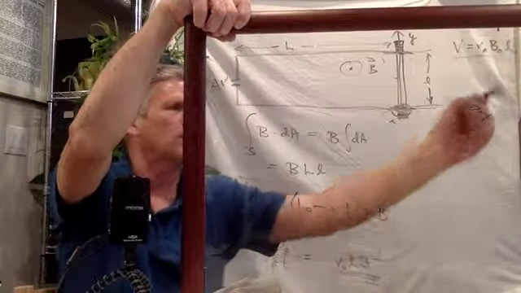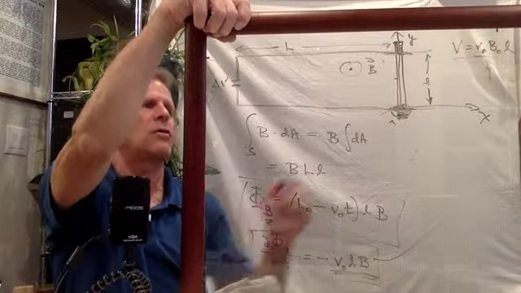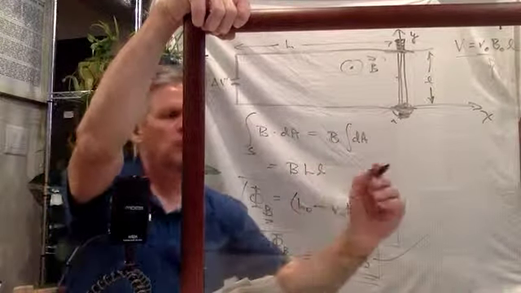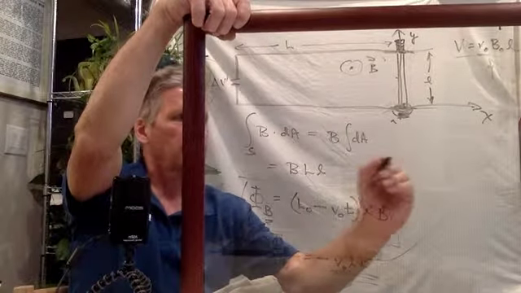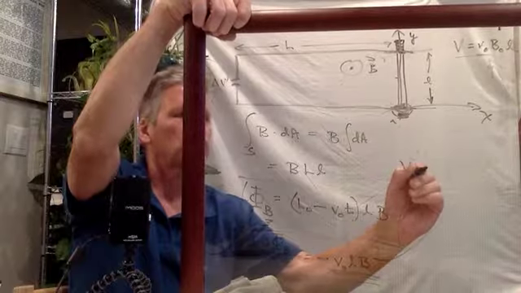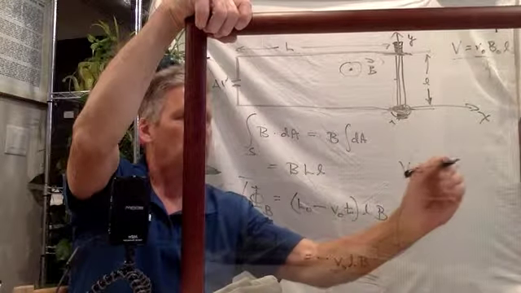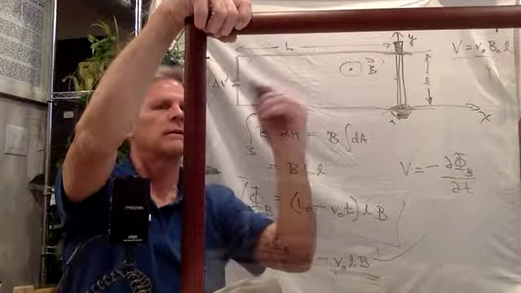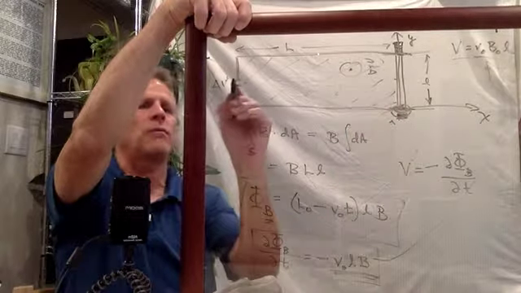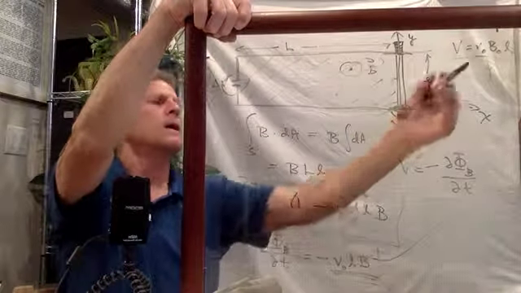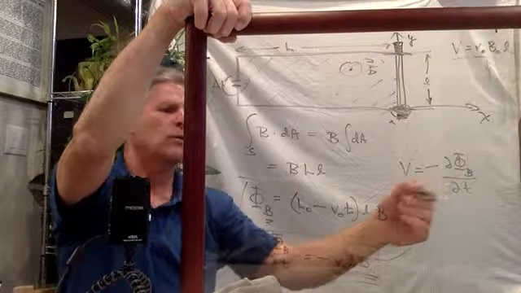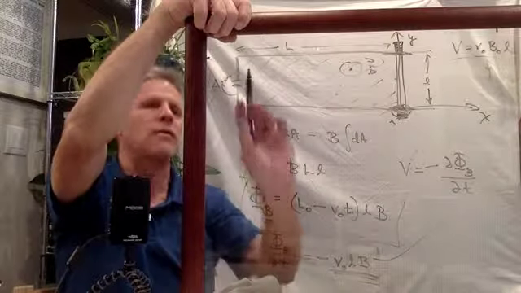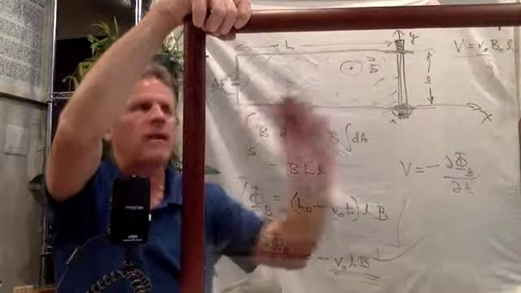And we look right over here at the computation we made earlier, and we have a plus V0 B0 L. And so we can just look at those two things by inspection, and we can say, you know what? The voltage here is equal to the negative of the time derivative of the magnetic flux through this area. So the voltage introduced between these two points is equal to the negative of the time derivative of the magnetic flux over this same area.